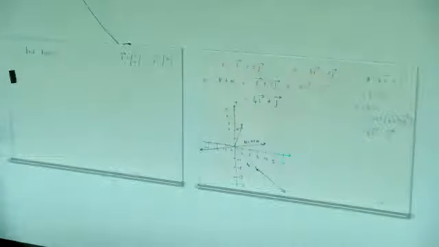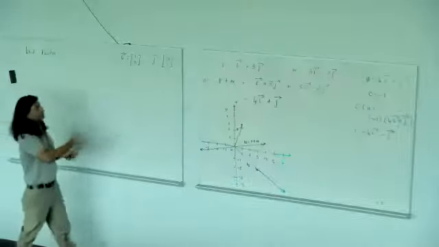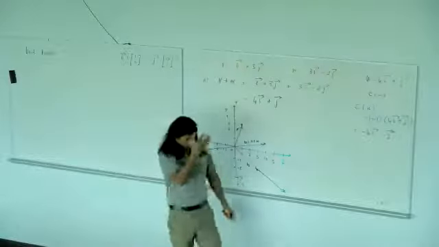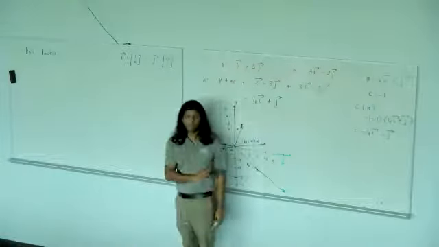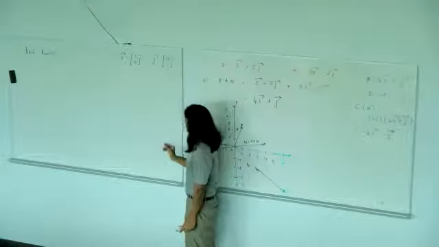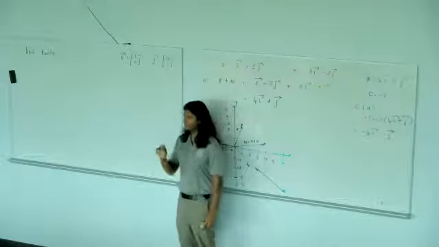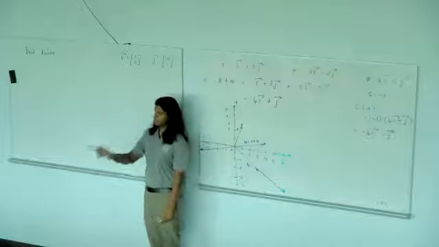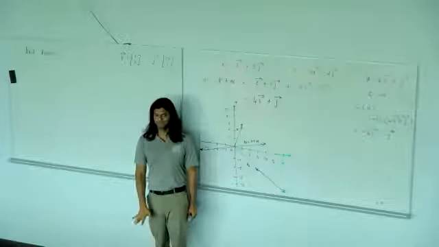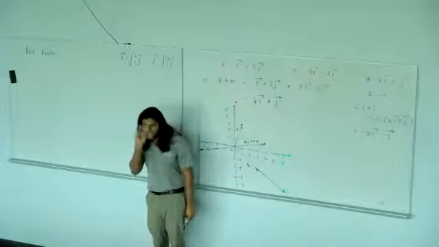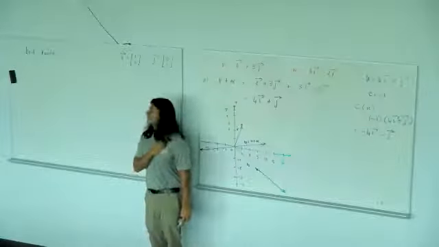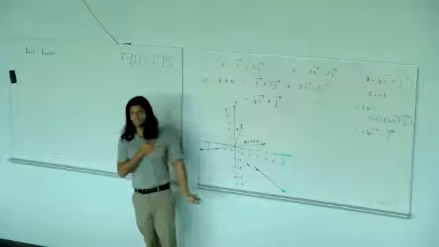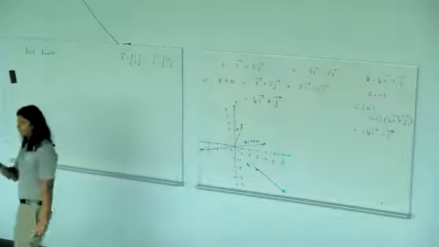But last time I also mentioned, in this case, it's pretty obvious because I simply have ones. But the true formal definition of the unit vector is based on its length. Tell me the magnitude, and what should that magnitude be? 1.